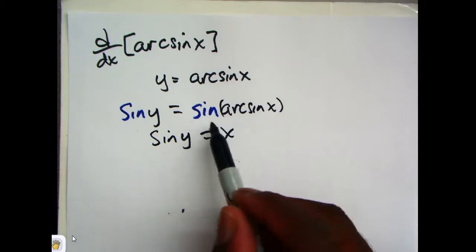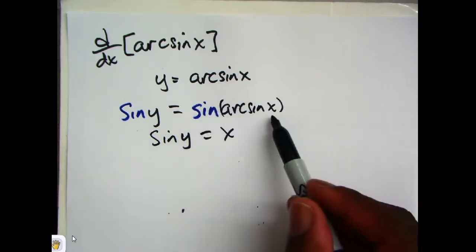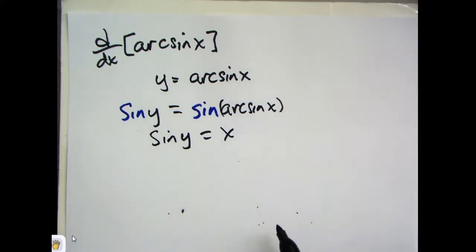Because as we learned yesterday, in the composition of inverse functions, they undo each other and we're just left with this. Okay, so from this is where we're going to start with deriving the derivative of arcsine of x.